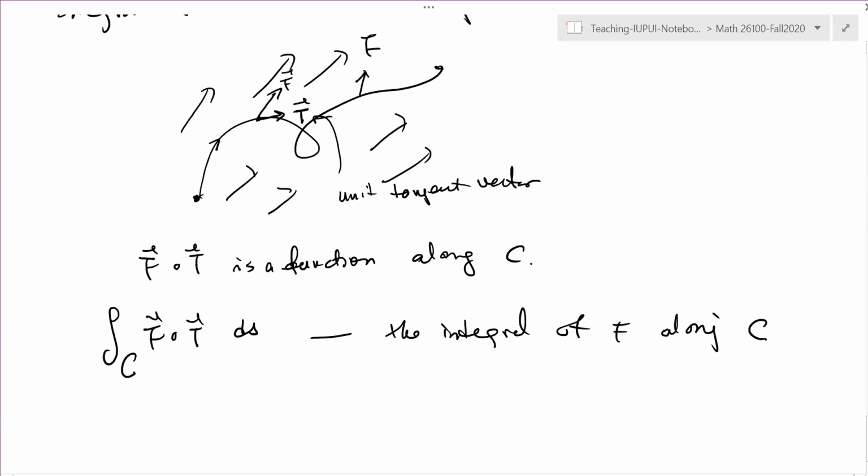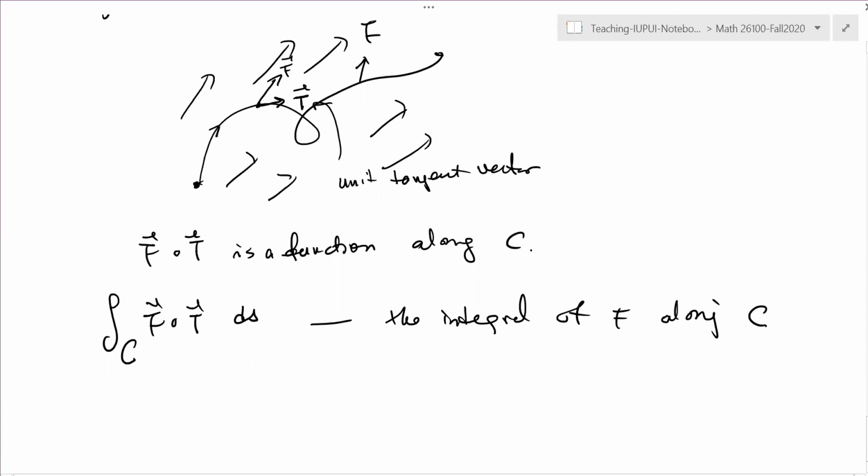F itself, I cannot evaluate the integral, right? But the inner product at every point is a number, so it becomes a function along the curve, and that function can be integrated.